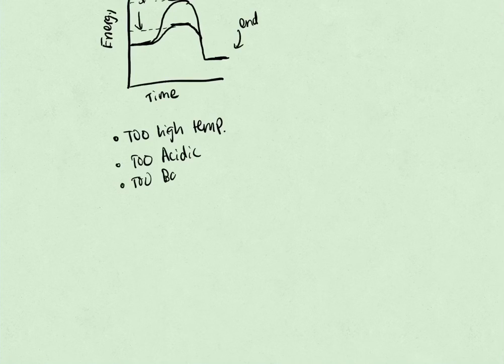If it is too acidic or too basic, or if the body has an abnormally high temperature, it will cause the enzyme to be denatured or misfolded. So this isn't good for the workings of the enzyme.